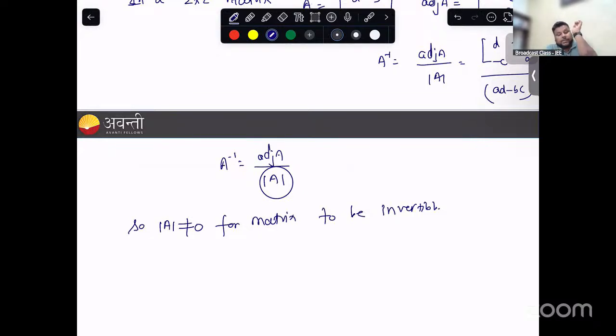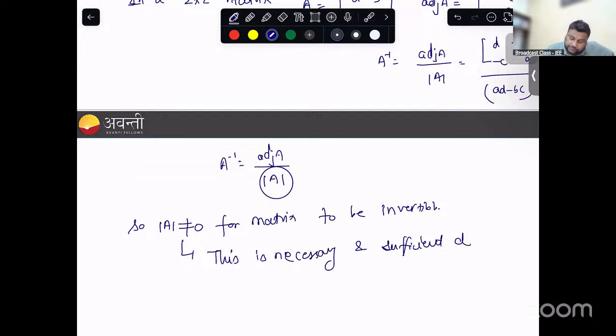Yes, determinant of A should not be 0 for the matrix to be invertible. So this is a necessary and sufficient condition.